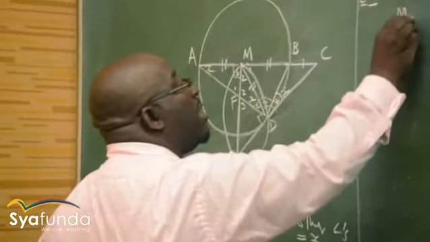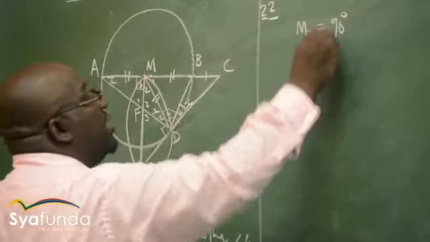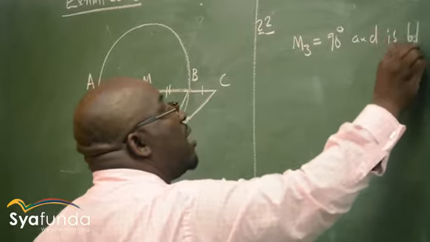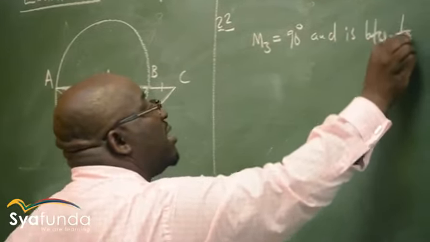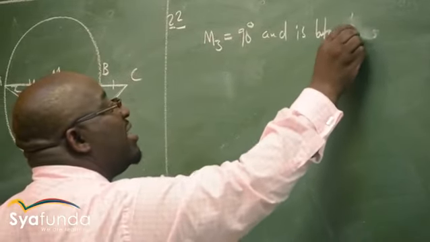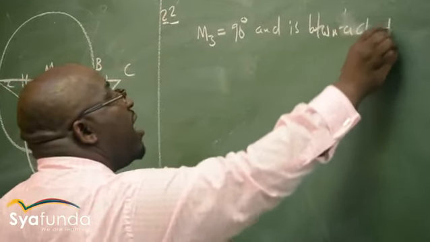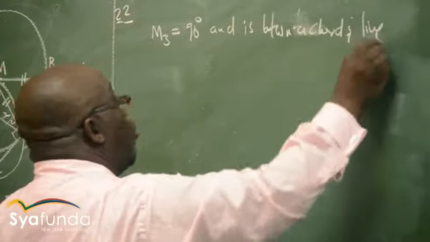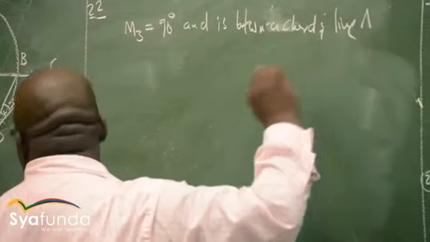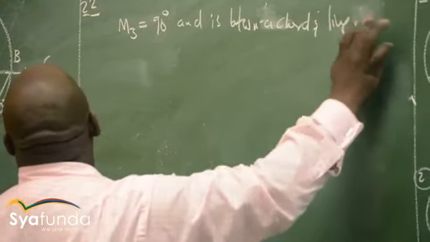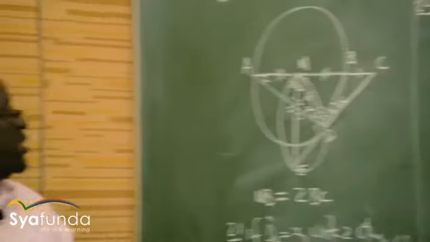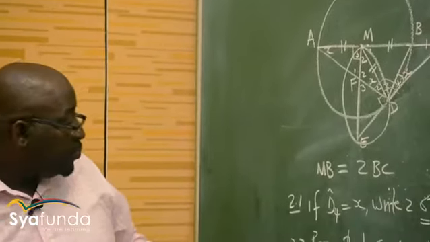Angle M3 is equal to 90 degrees and is between a chord and a line which we don't know at the moment. Let's call it line MC or AC. In this case, they use CM, which is part of the whole line AC.